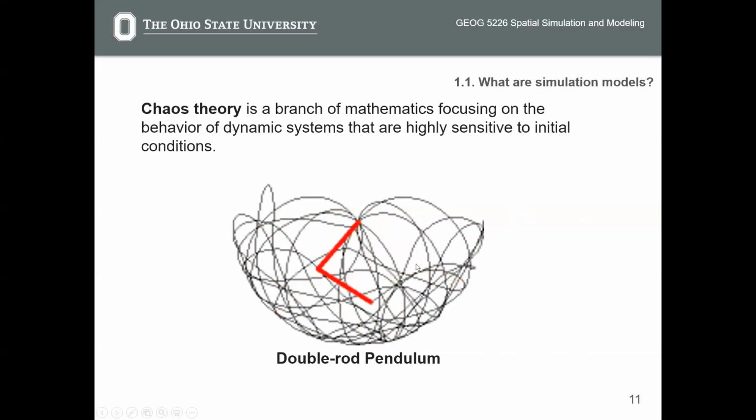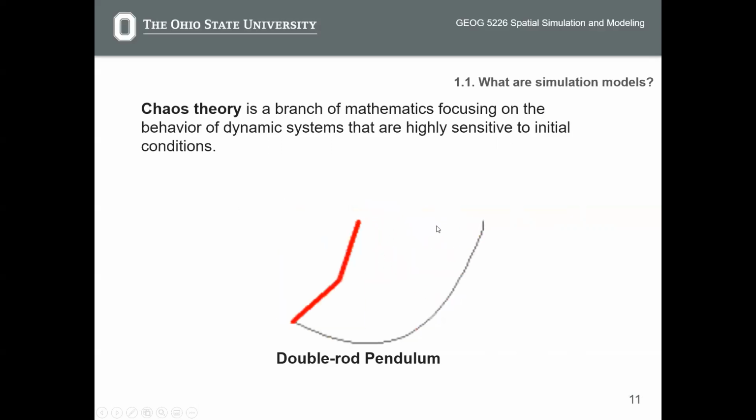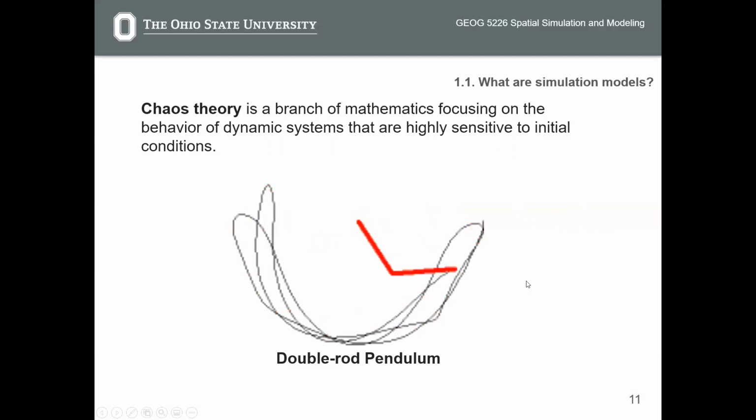And let's just assume we don't have a double-rod pendulum. We have a very simple pendulum with just one segment, a single-rod pendulum. Then the trajectory of the other end of the pendulum is pretty easy to predict. We made this system more complex by adding another rod into this system, and this is the result.